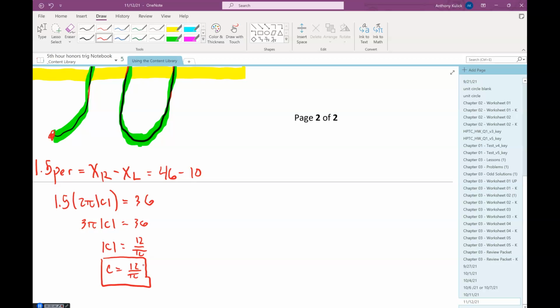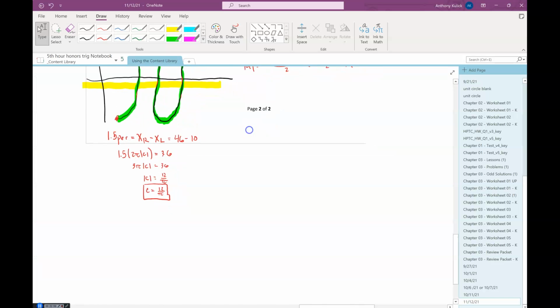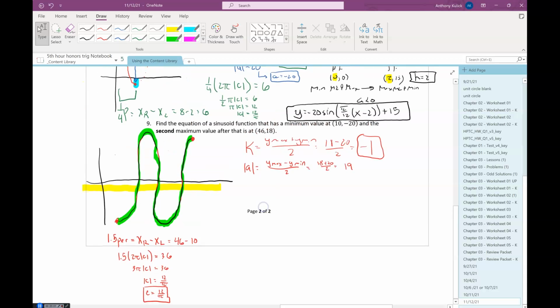Mackenzie, are you happy with what we did there? Okay. The last thing we have to do is pick whether we're going to do sine or cosine, and then figure out the sign for A and the value for H, right? So in this one, which would you prefer to use, sine or cosine? I wouldn't do sine.